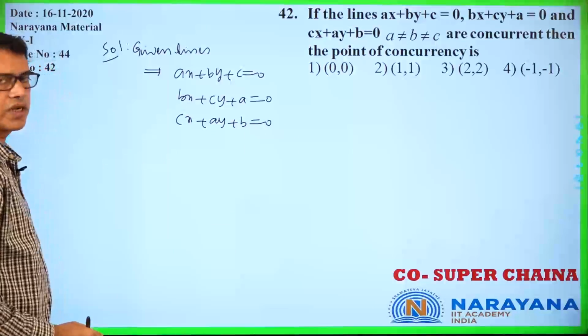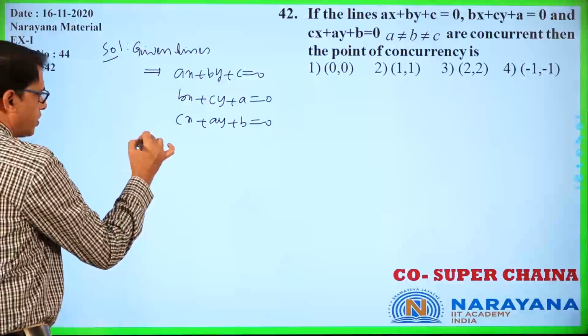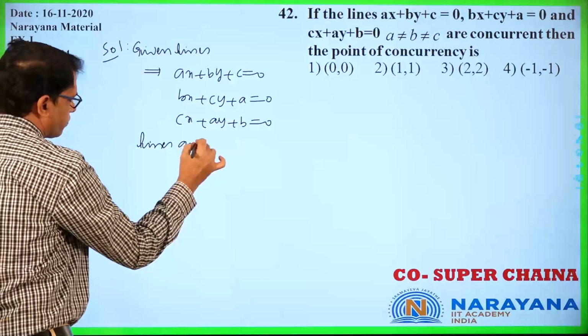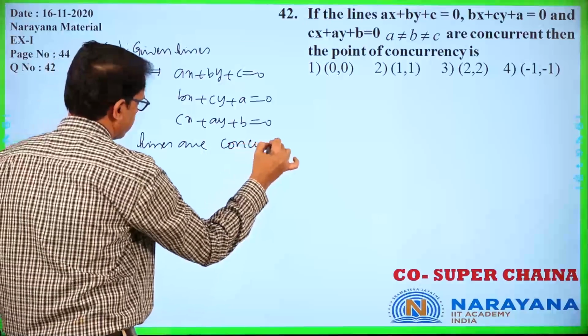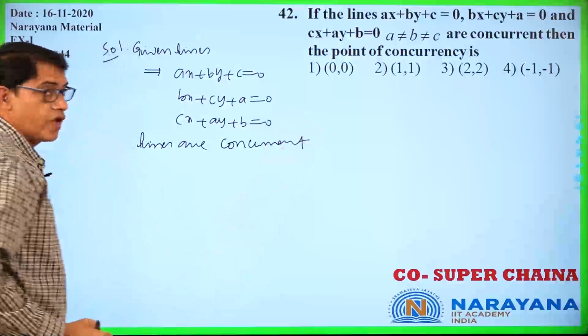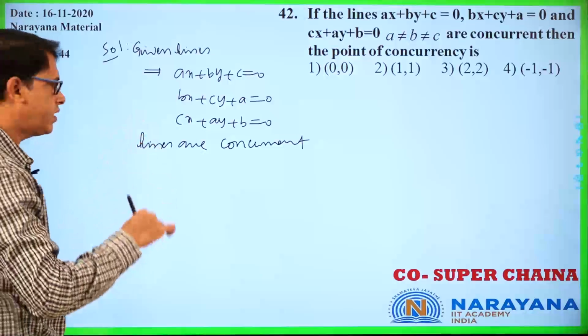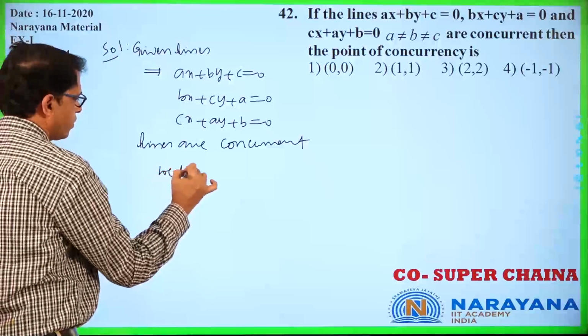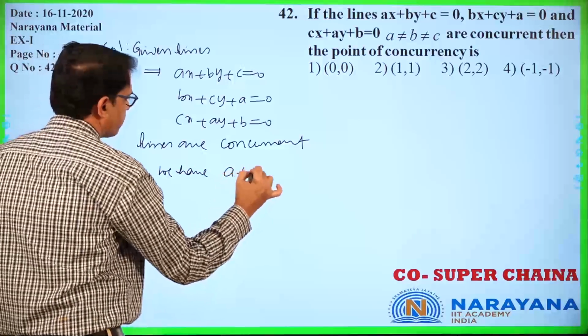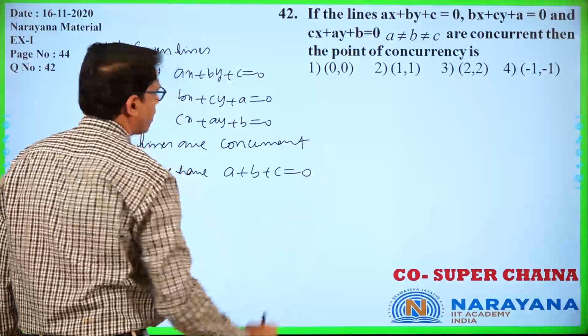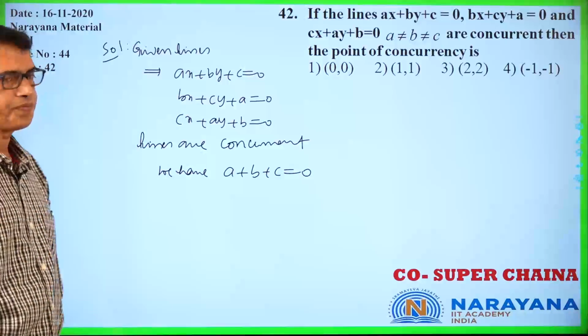Here the lines are concurrent. Therefore we have the condition from the previous case: a plus b plus c equals 0.